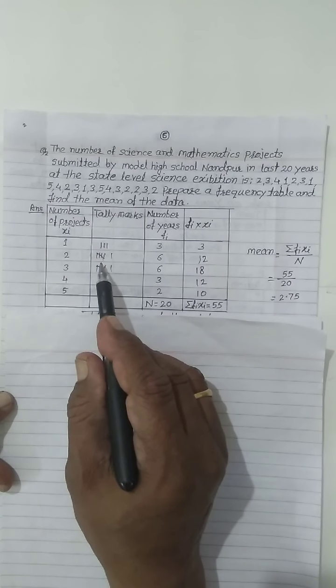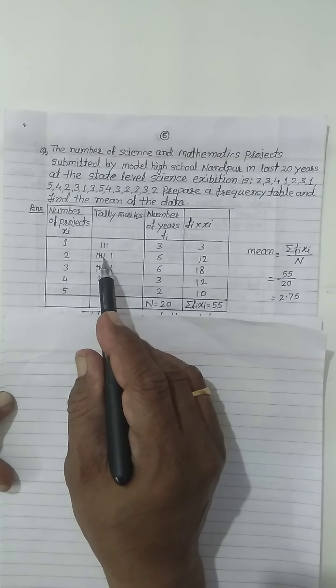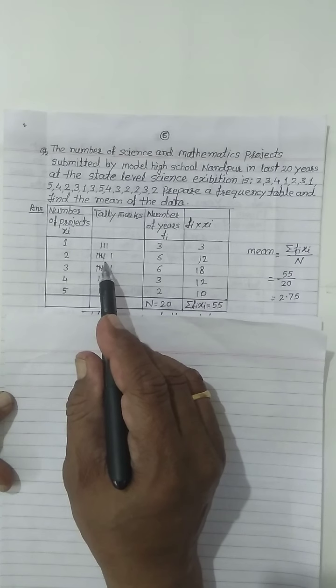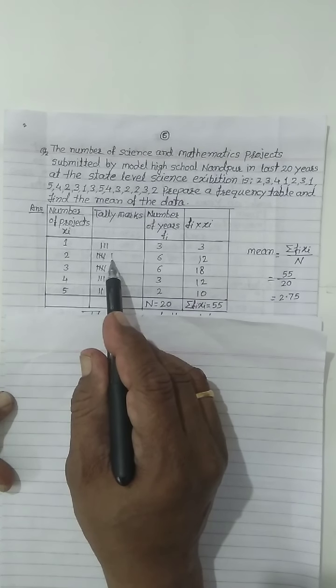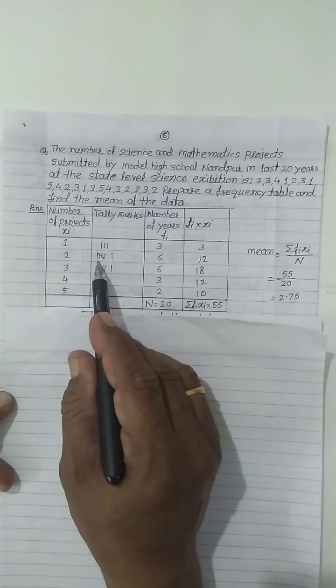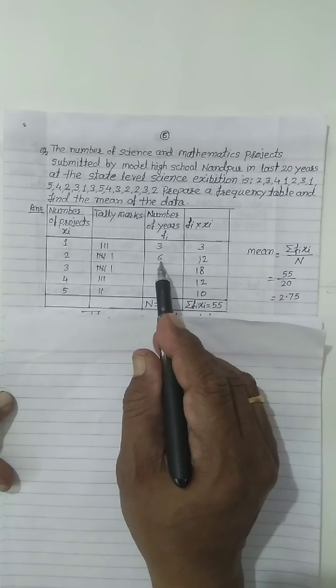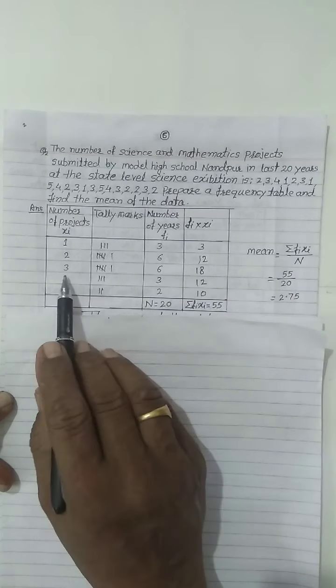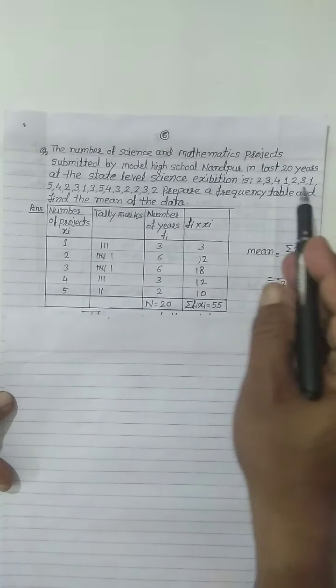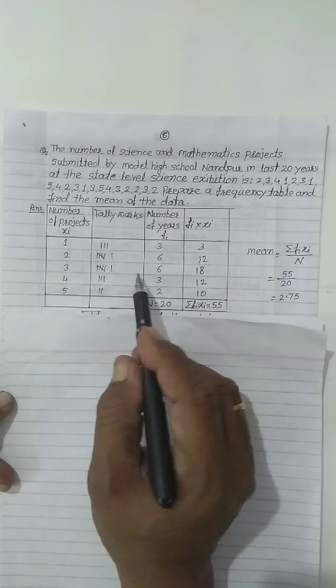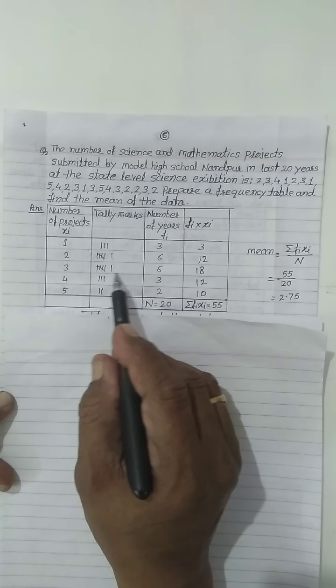Write 4 vertical lines and one cross line, that is the 5, and one more vertical mark. The total is 6. Then 3 also appears 6 times, so write 6 lines.